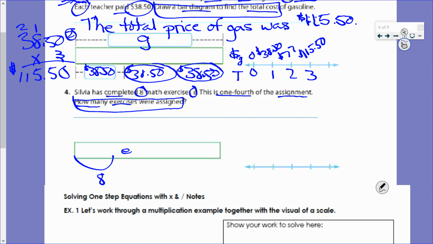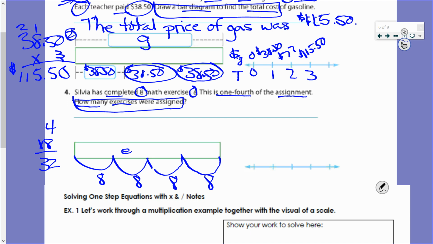So there's 8 for the first fourth. The second fourth would be 16. The third fourth would be 24. The fourth fourth would get us to 32. So I could do 4 times 8, because to get all of the exercises, I would need to multiply them all together.